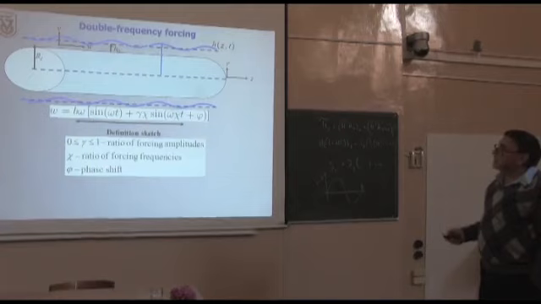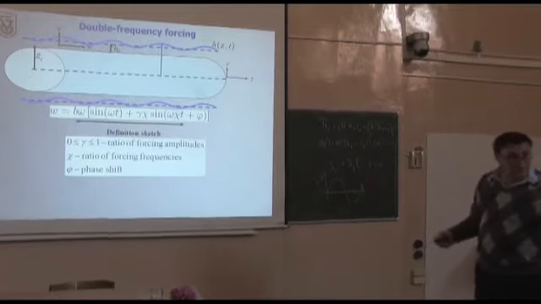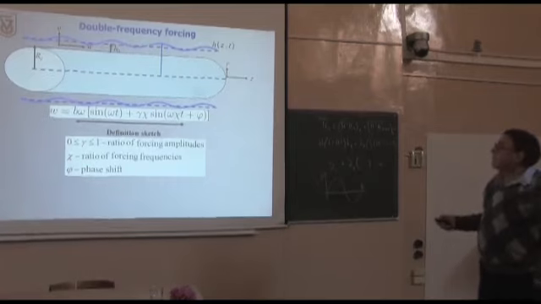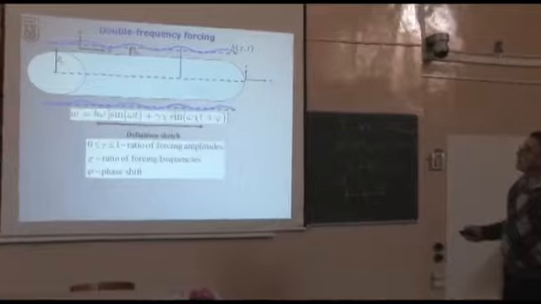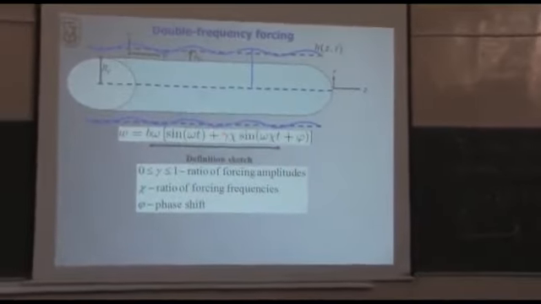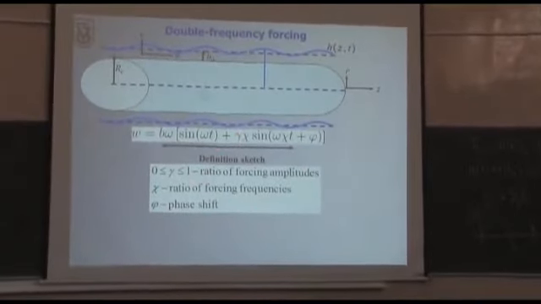Now chi is the ratio of forcing frequencies, exactly in the same direction. So that's why we have two frequencies, omega and omega chi. We have two amplitudes, B omega, which is taken outside, but in return we have here gamma, the ratio of forcing amplitudes, and we may have a phase shift.